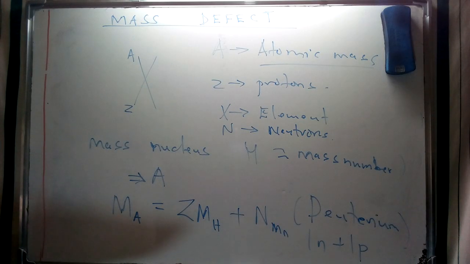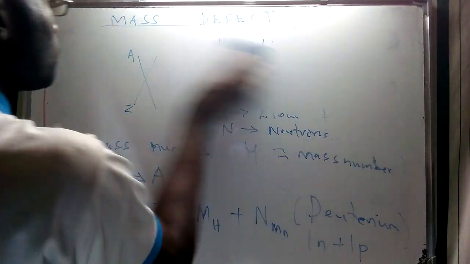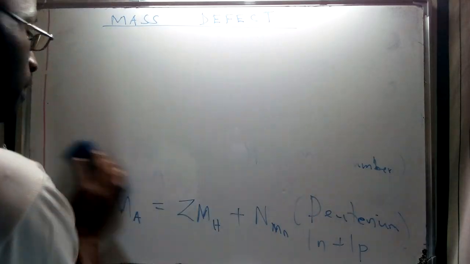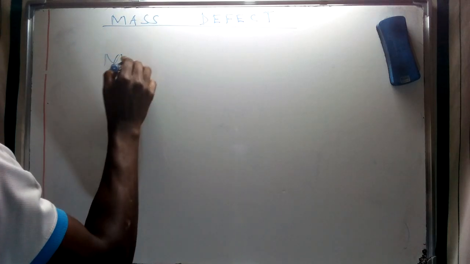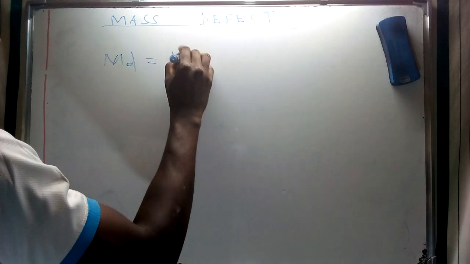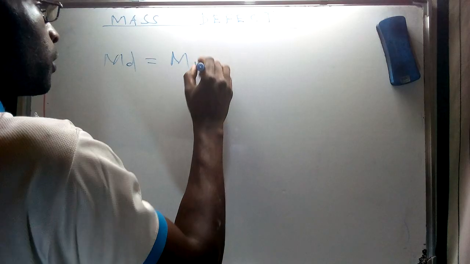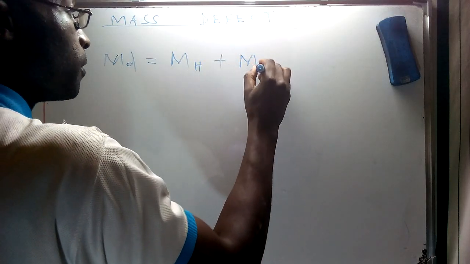So for this deuterium, I'm going to have the mass number, or the measured mass, being given as a simple expression: the mass of the proton plus the mass of the neutron.